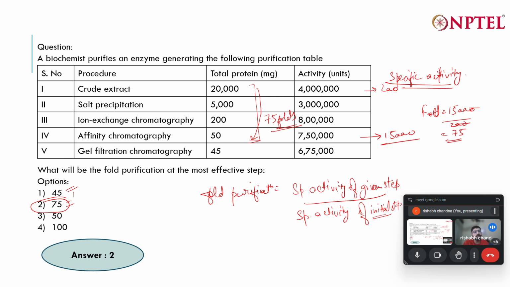And if you have to tell the most effective step, or which step leads to the maximum purification, then the last question comes into play. Although what we are getting is similar, because the fold and the effective step are a similar aspect, the final product that we are asking for is different.